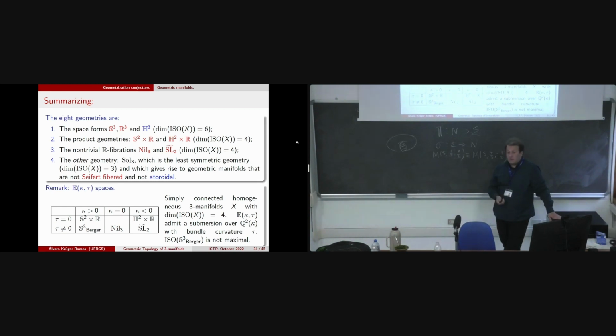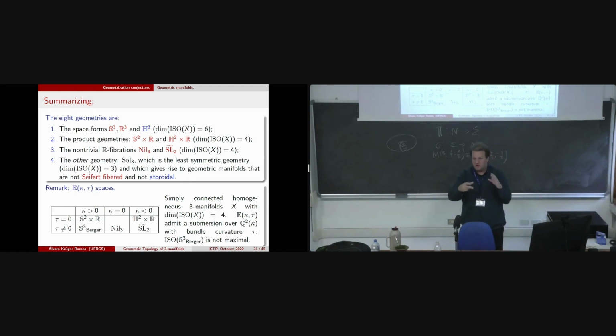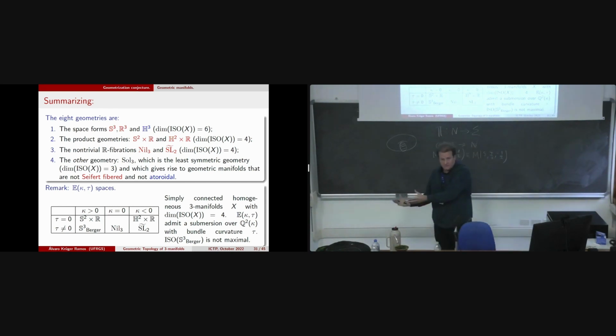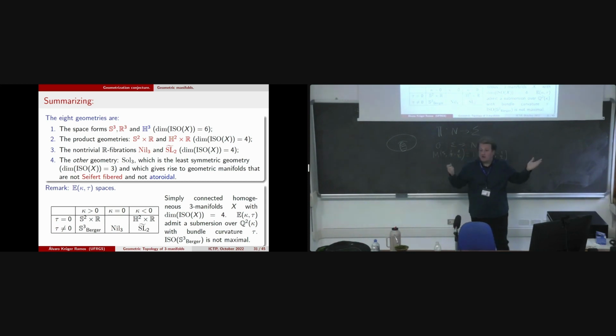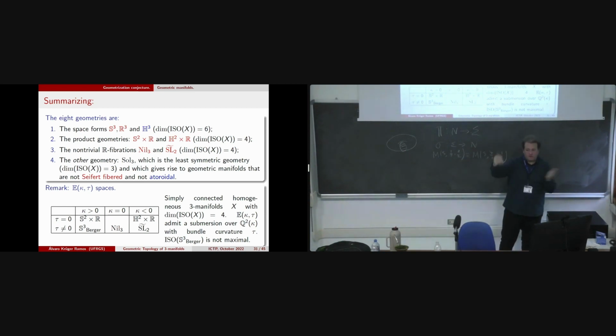The thing is, the isometry group of the Berger spheres is a 4-dimensional group contained in the isometry group of S3. So this is not a maximal geometry. You could extend the group of isometries of the Berger spheres to the group of isometries of S3. That's why they are not on the list.